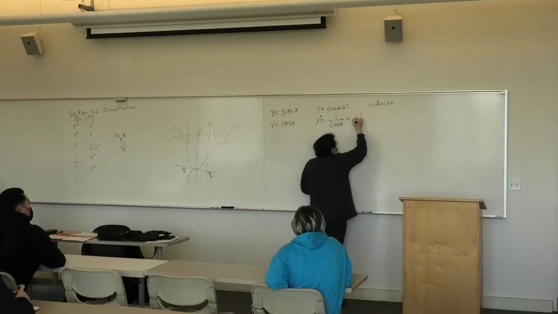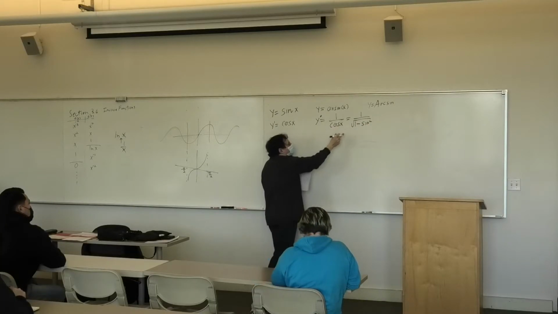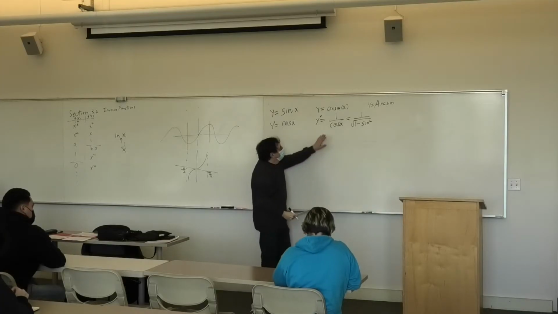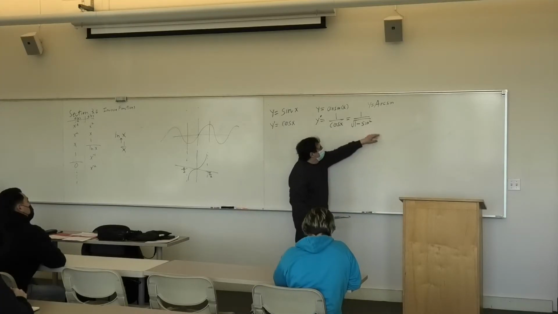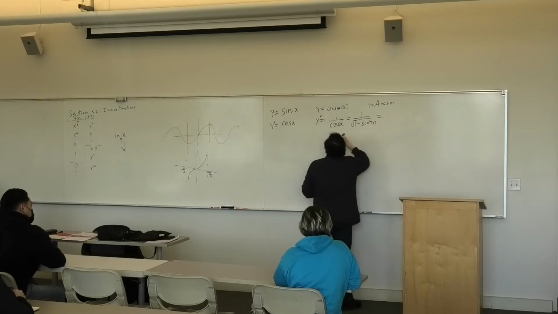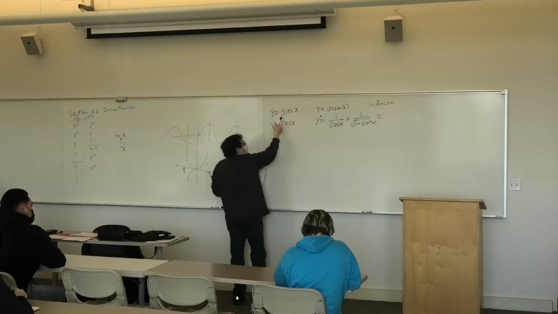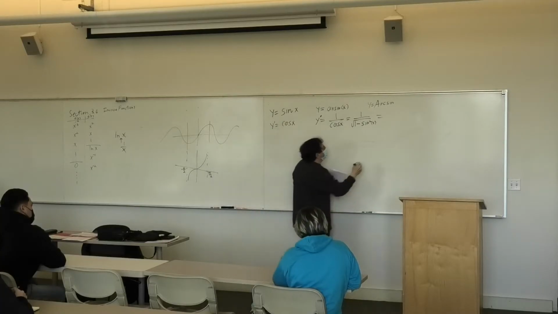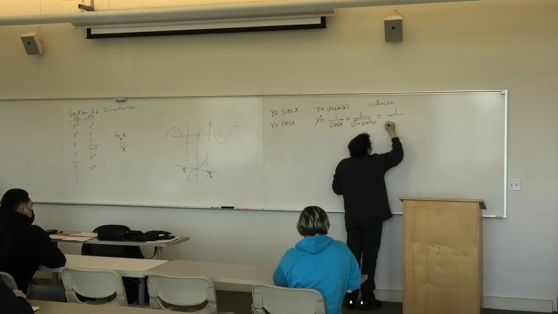Well, first step is to use the Pythagorean identity. Cosine squared plus sine squared equals 1. So the cosine is the square root of 1 minus sine squared. And then we use the fact that we know the sine of x. So this becomes the square root of 1 minus y squared.